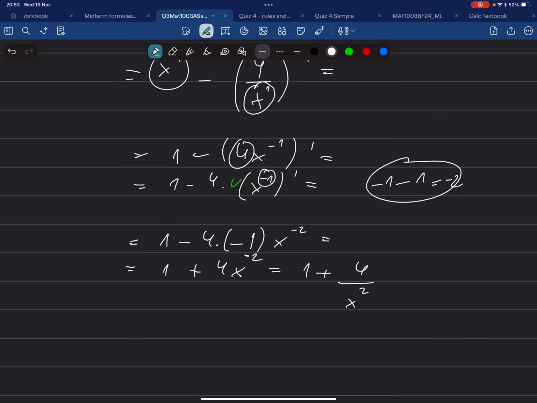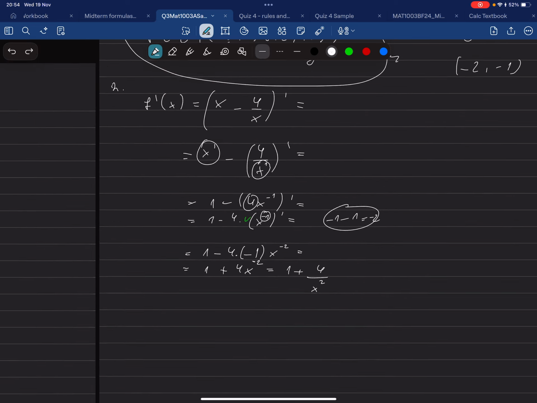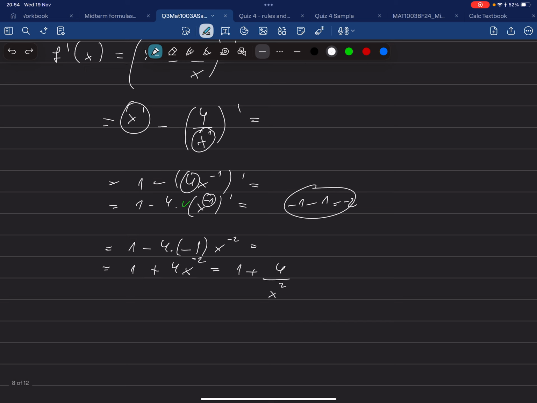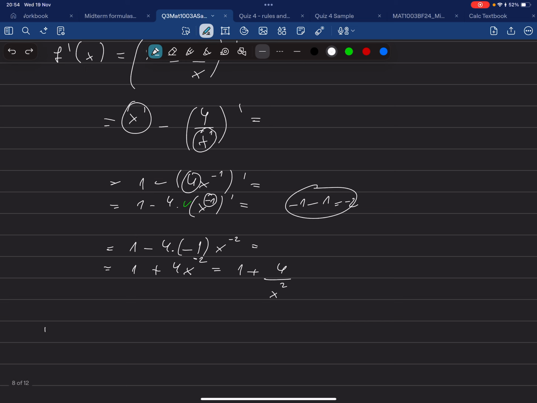So when we're calculating, it's convenient to bring things to the numerator with the opposite sign, but once we have the final answer, it's slightly better to have them in this form, because now this shows us better what the domain of that derivative would be. So the domain of f prime would be x different from 0 again, right? Because 0 is the only problematic value.